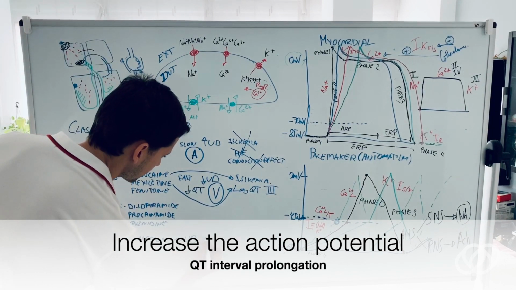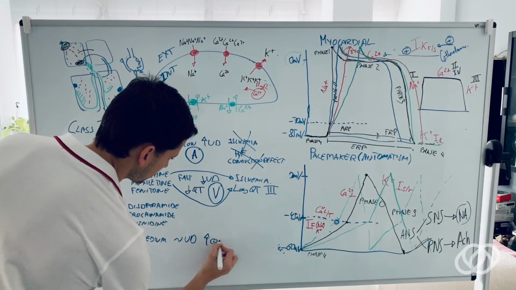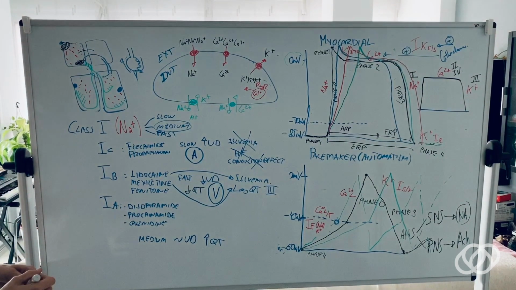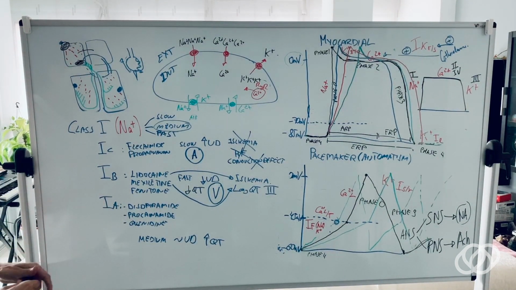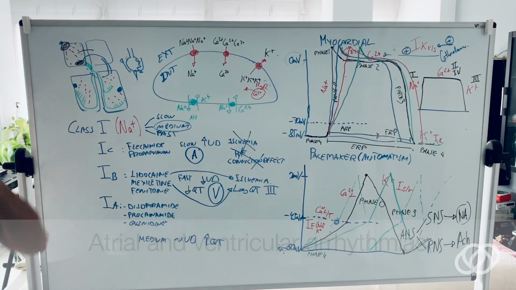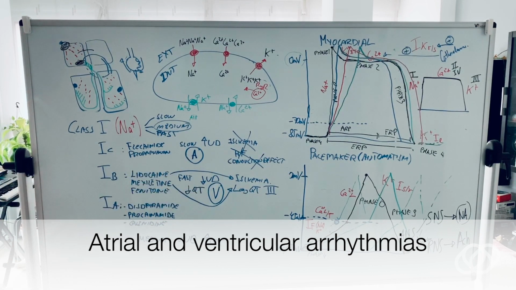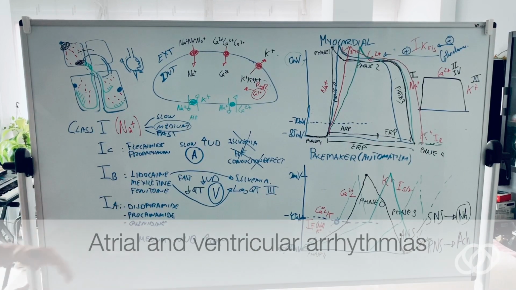So what do you use this for? We are going to use them both in atrial and ventricular arrhythmias, in both, because it's in the middle of the way of the other two.